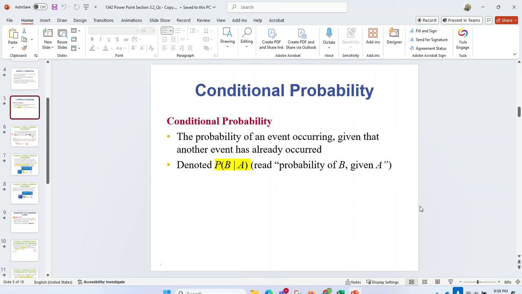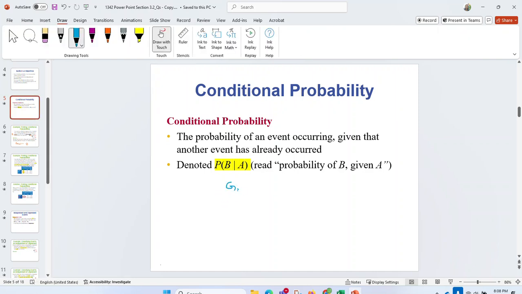I usually like to explain what a conditional probability is. For example, given you already got a flu shot, what is the chance you're going to get the flu? That's given this condition.